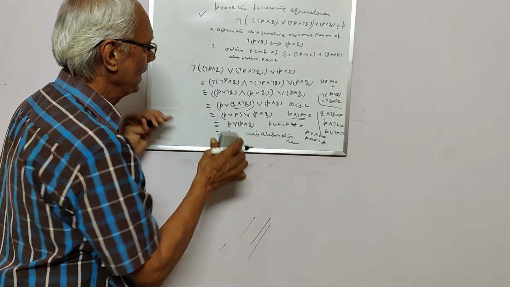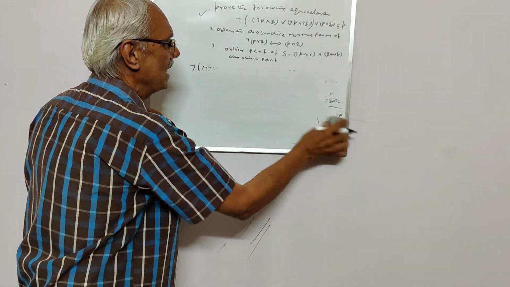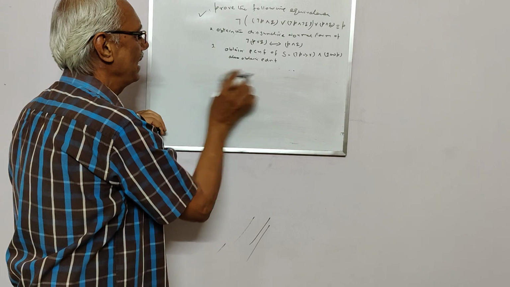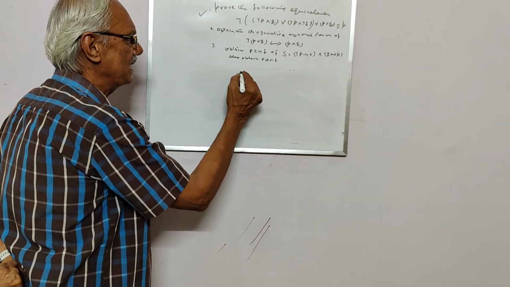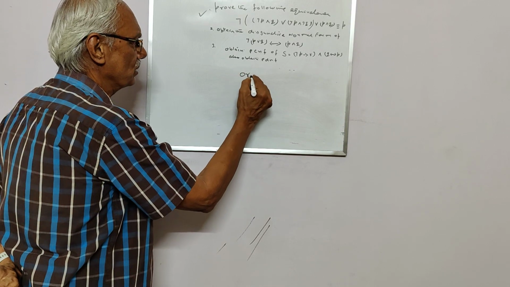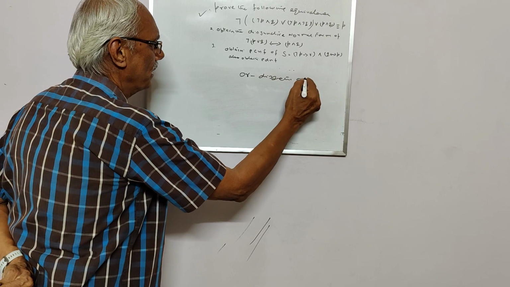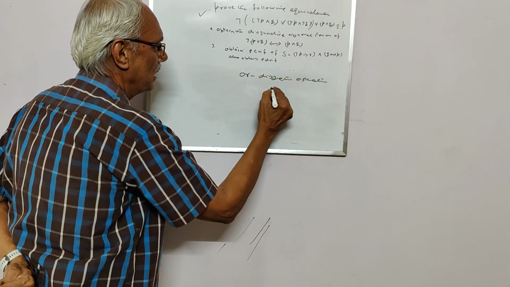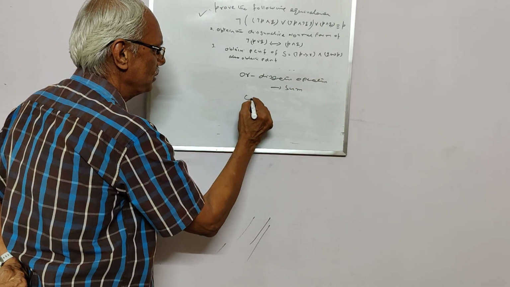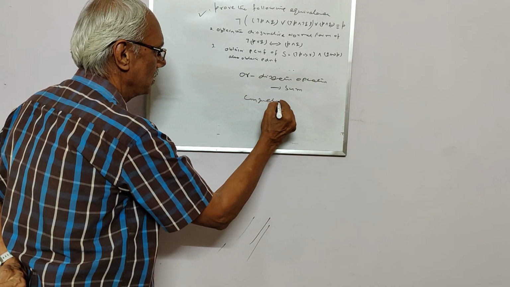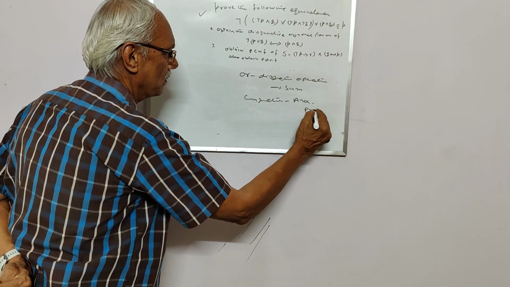Now let us come to a small idea about what is called elementary sum and elementary product. By sum you just understand the disjunction operation, and the conjunction operation is your product.